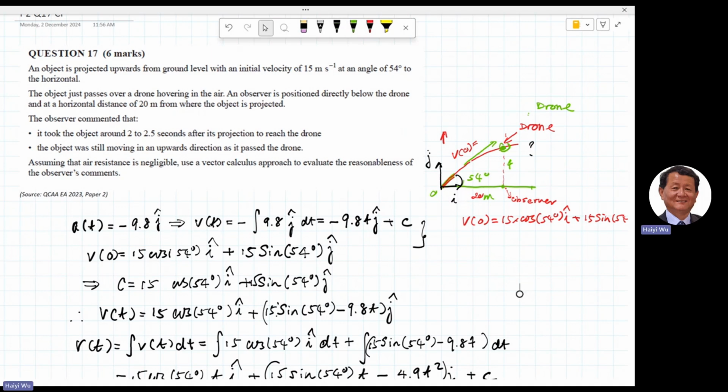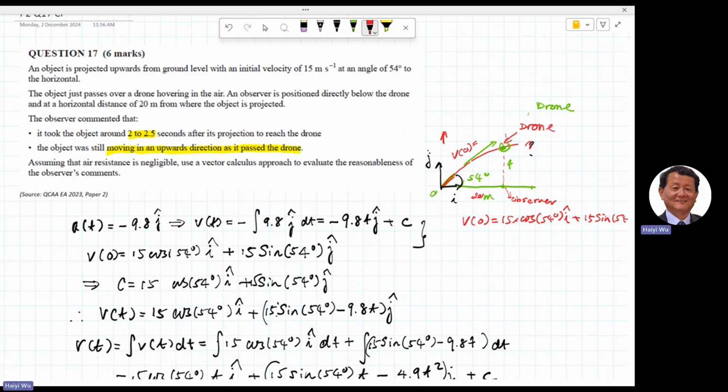He commented that the object will hit or pass the drone around 2 to 2.5 seconds. So the object will reach the drone. He also predicted the object will still be moving in an upwards direction after passing the drone. So there's a question mark.